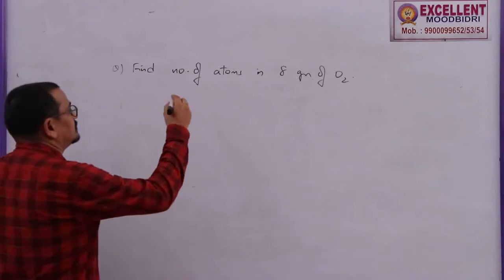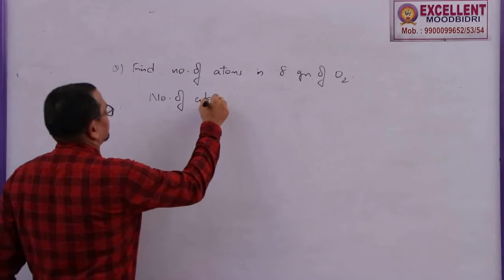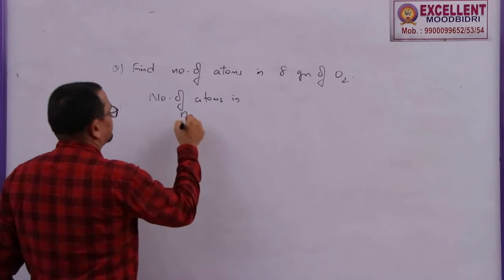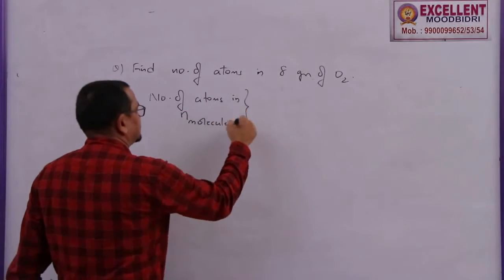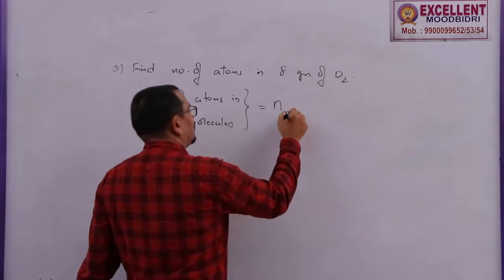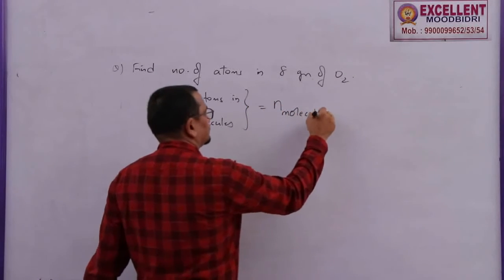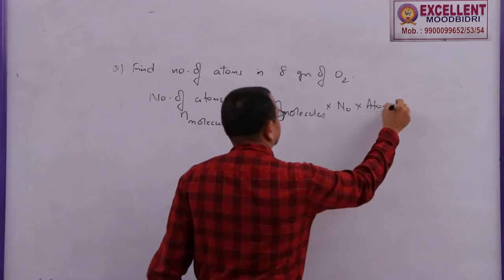So we have to use the relation for number of atoms in n moles of molecules. Number of atoms in n moles of molecules can be calculated as number of moles of molecules into Avogadro number into atomicity.